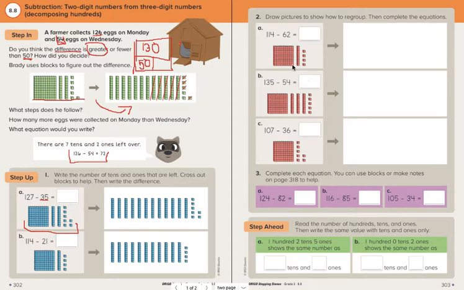So we have 114. So I'm going to regroup this 100s block for 10 tens. So 1, 2, 3, 4, 5, 6, 7, 8, 9, 10. Okay, but I can't forget my tens and ones that were already there. So I need 14 more.